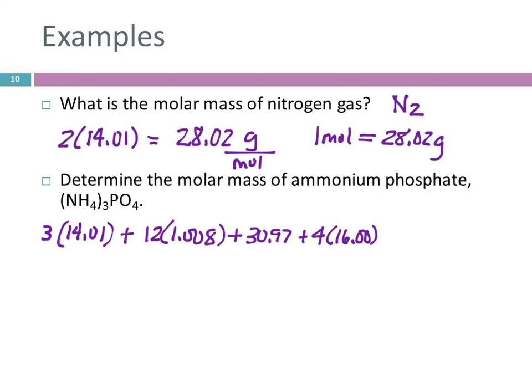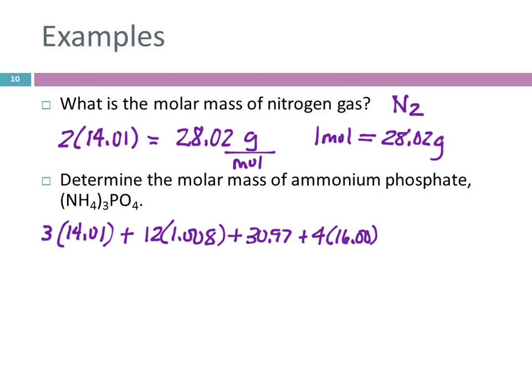So 3 times 14.01 plus 12 times 1.008 plus, oops, something went wrong. I already have 2,000 on my calculator. That's not right. Try that again. 3 times 14.01 plus, that's better, 12 times 1.008. Plus 30.97, and 4 times 16.